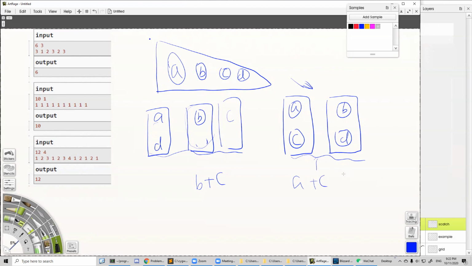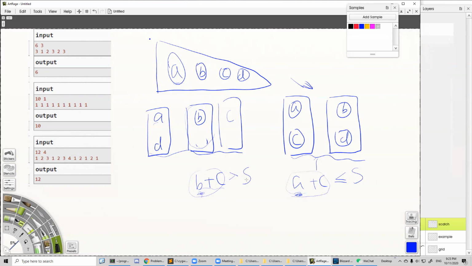So this is smaller than or equal to S. And here we are saying that B plus C is bigger than the bus, right? And A is bigger than B because A is the biggest team of all. So this should be smaller than this.